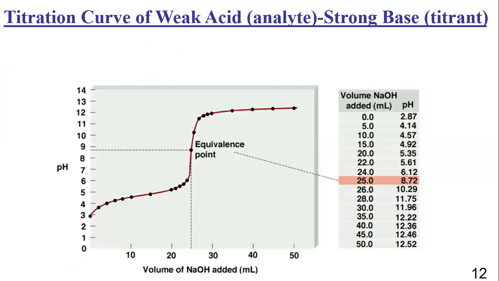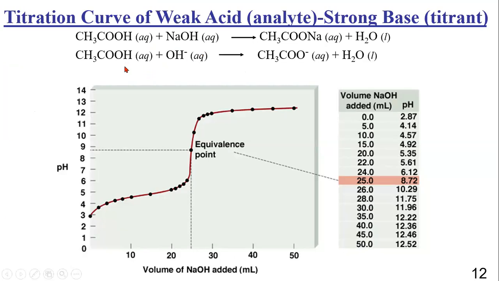Acid-weak base titration? Well, this is what the curve looks like for a titration of acetic acid with the titrant OH minus. Of course, as I add OH minus, I'm going to deprotonate the acetic acid to become the acetate ion and neutralize the OH into water.